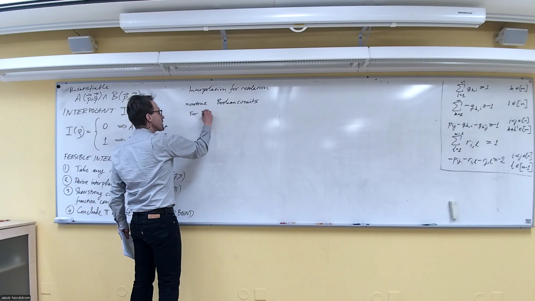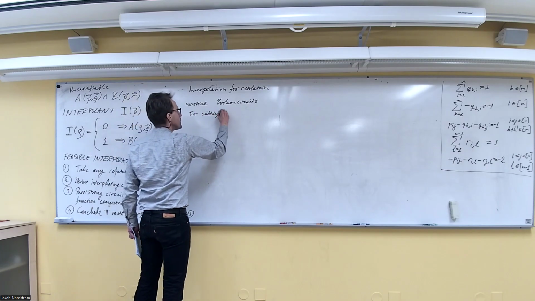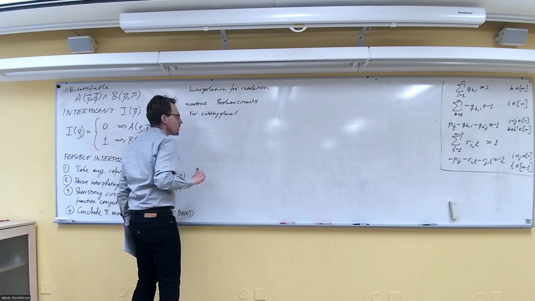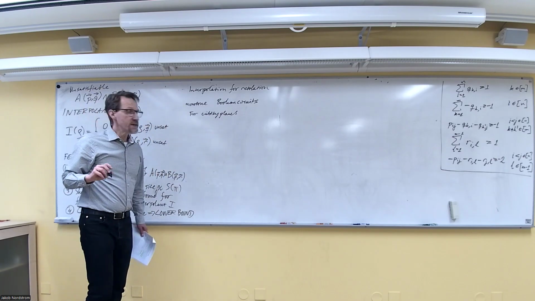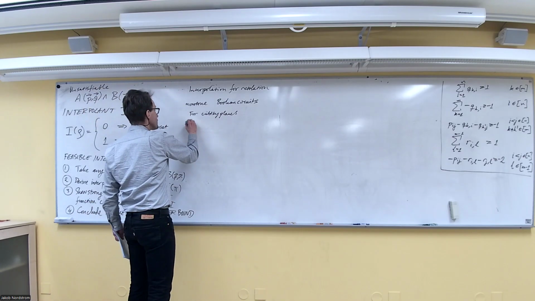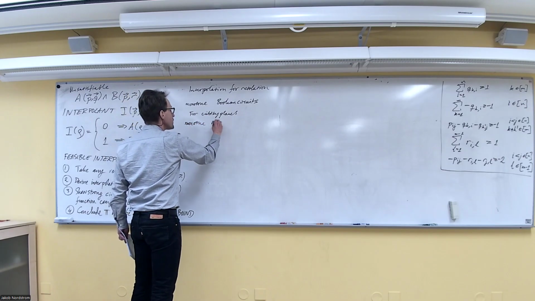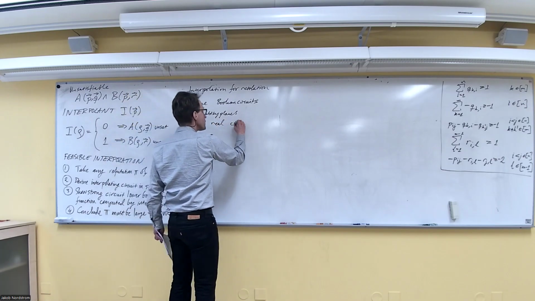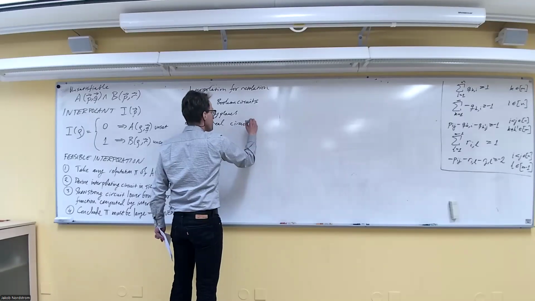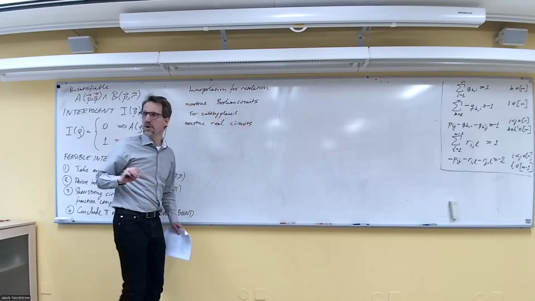Okay. And for cutting planes, we are going to need also monotonicity, but we're going to need a stronger circuit model, which I'll define by picture, I think. We're going to have so-called real circuits.